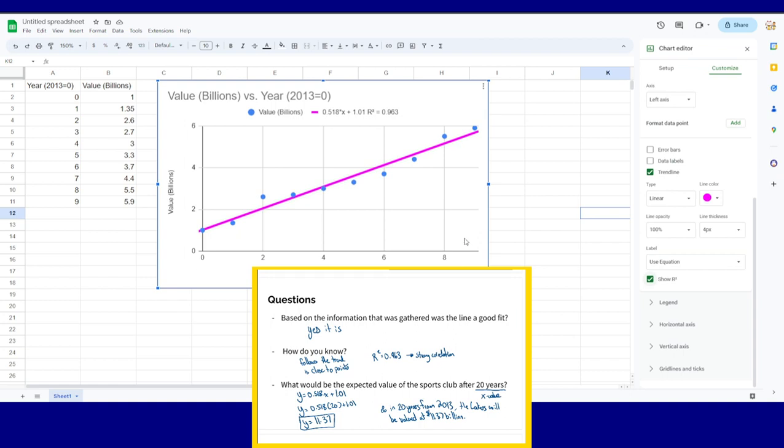Obviously, 20 years isn't on this graph. We could extend it if we really wanted to, but we may not be accurate. I don't know the actual value. Using the equation that's given to us, we can go through and find the exact value on that line for whatever value we wanted to predict.